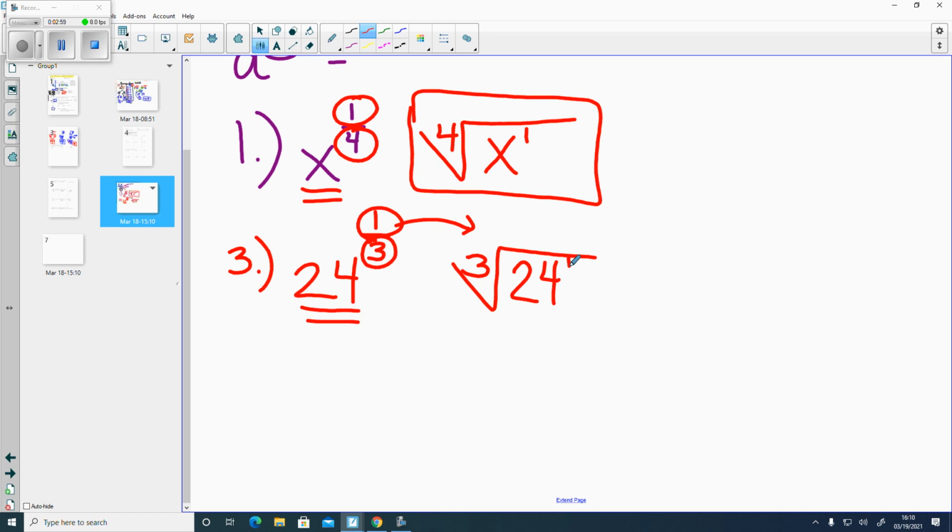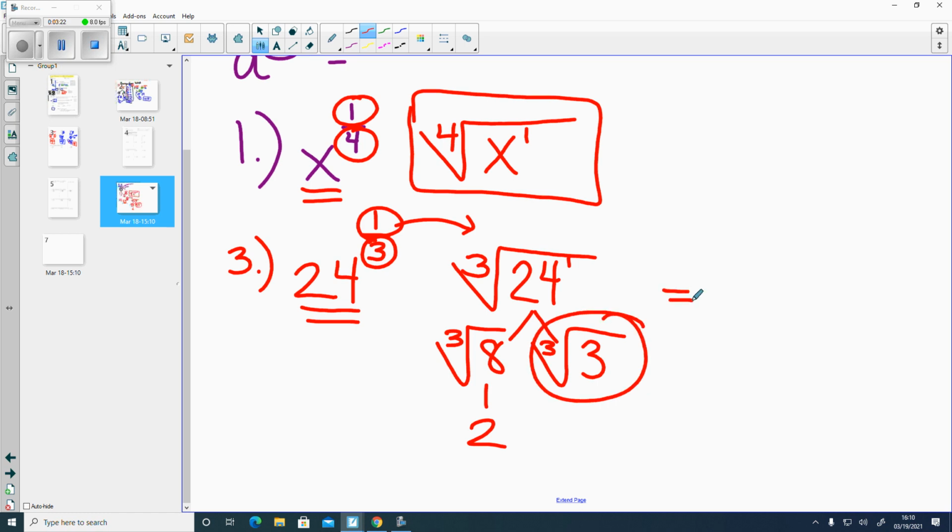Now I can simplify this. And so from last week, you also want to simplify. So I can do the cube root of 8, and 8 is a perfect cube, and then times 3. So in this example, the cube root of 8 is going to transfer to 2, because 2 times 2 times 2 is 8, and then this one will stay the same.